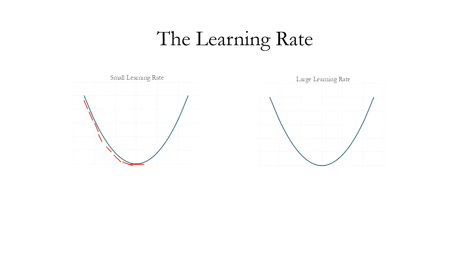And then we've got a large learning rate, where we could get to the minimum pretty quickly. It's a large step size. But the problem with a large learning rate is that it could also overshoot. This will be a little more clear when I talk about the mountain analogy and give you some more examples.